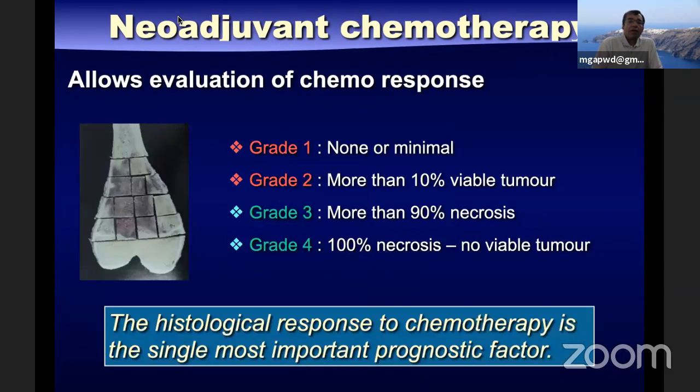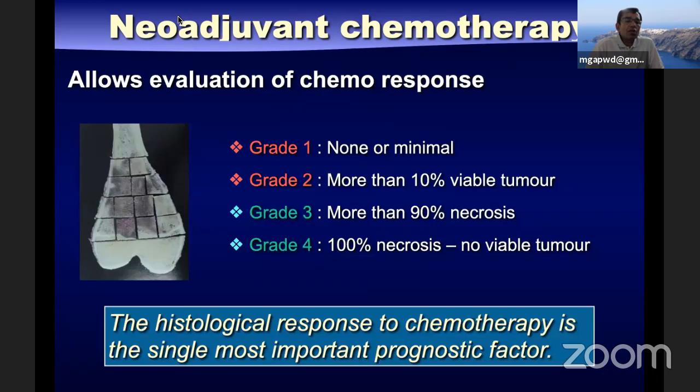Now, when we do the limb-saving surgery and we remove the specimen, we have to assess the response to chemotherapy. And the response to chemotherapy is assessed by what is called the Huvos grading. Now, this is a grade 1 to grade 4, where grade 4 is a complete necrosis.